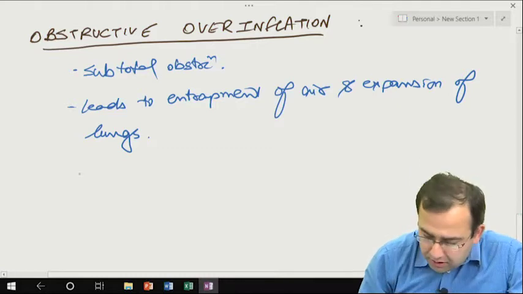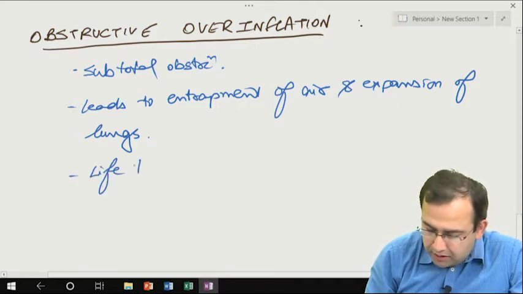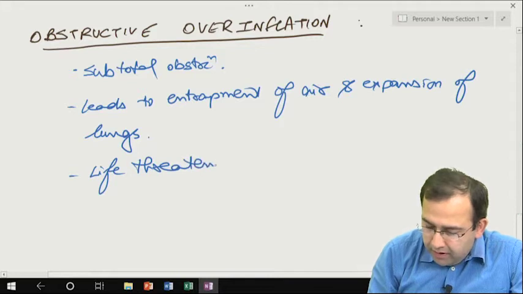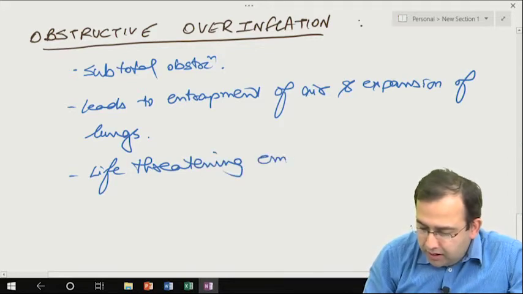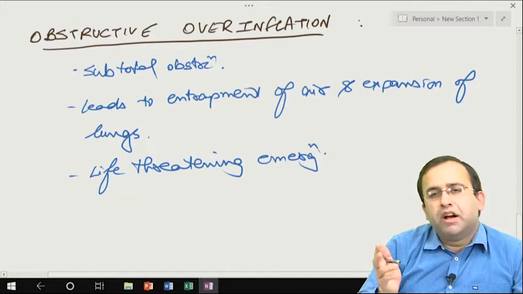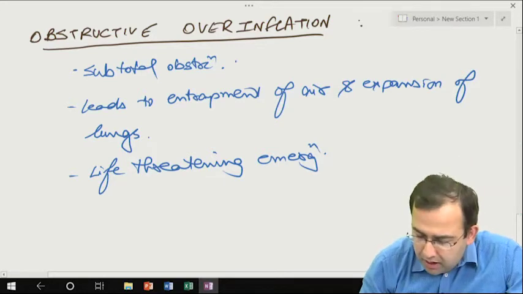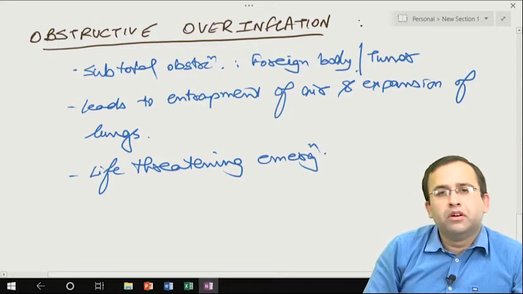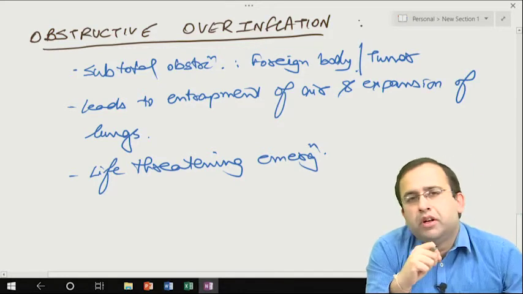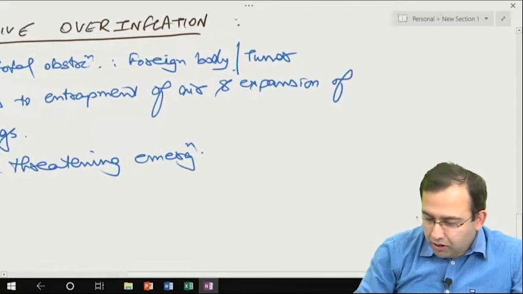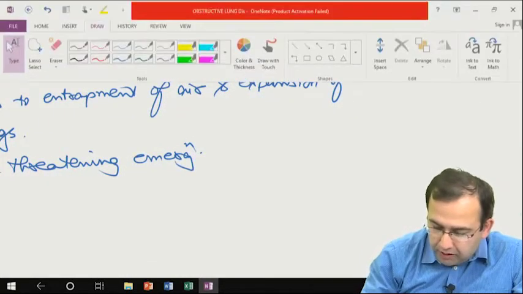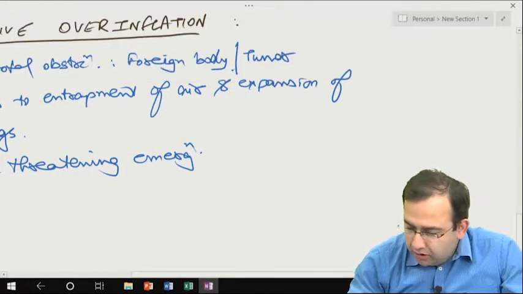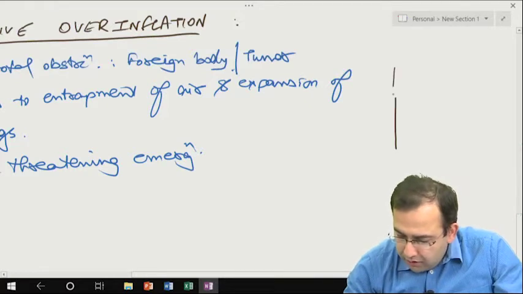Next point, this is a life-threatening emergency. And why is subtotal obstruction occurring? Either because of a foreign body or a tumor. Now, the point to be noted here is total obstruction of airways.